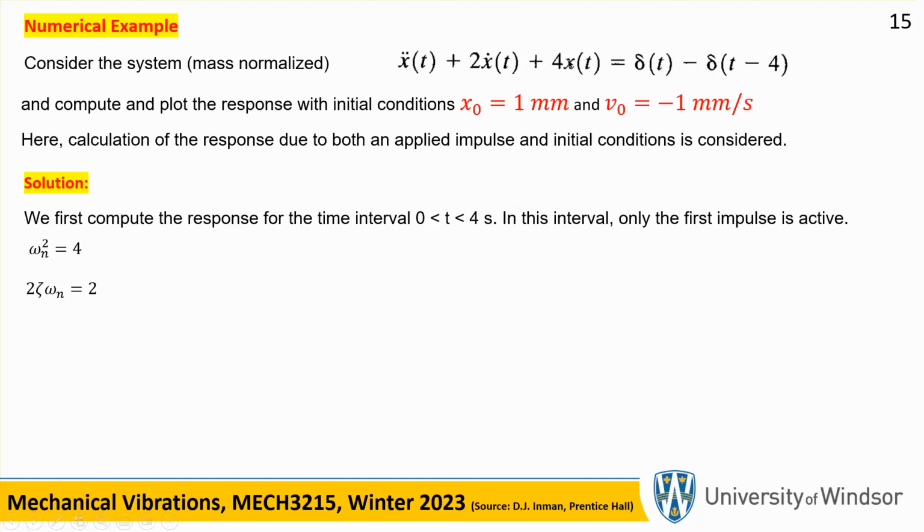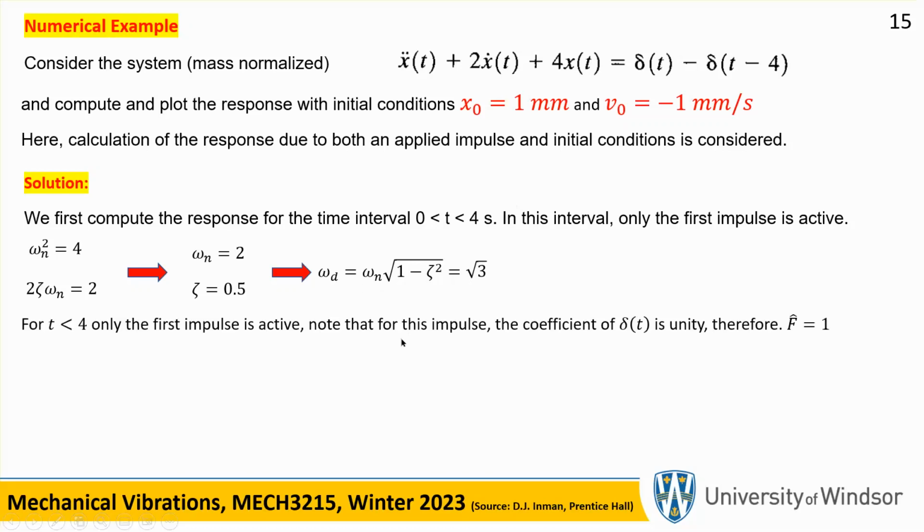So this coefficient multiplied by x of t is omega n squared, and the one multiplied by x dot is 2 xi omega n. Out of this, we can find omega n and zeta. And the damped natural frequency, you just follow your formula.